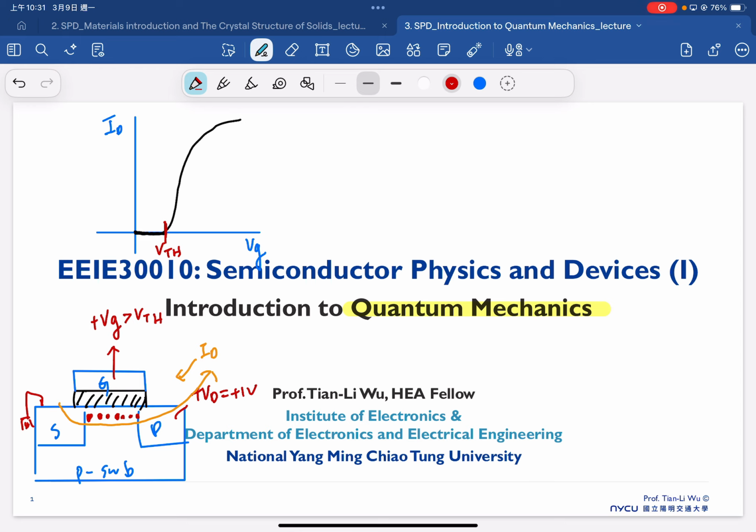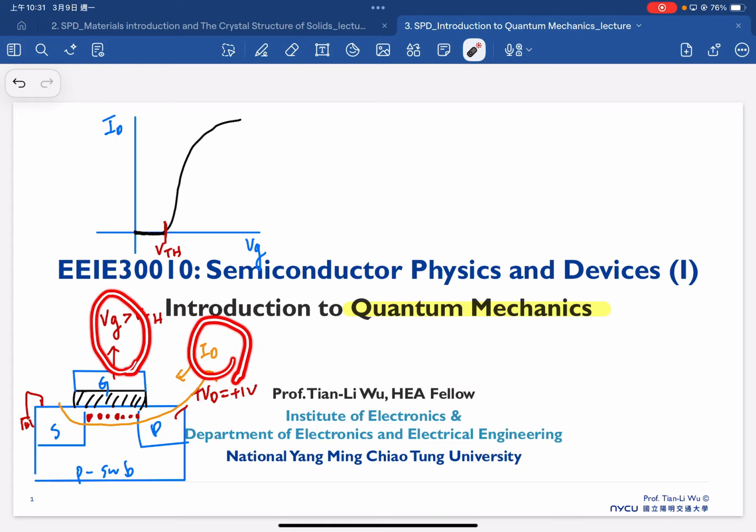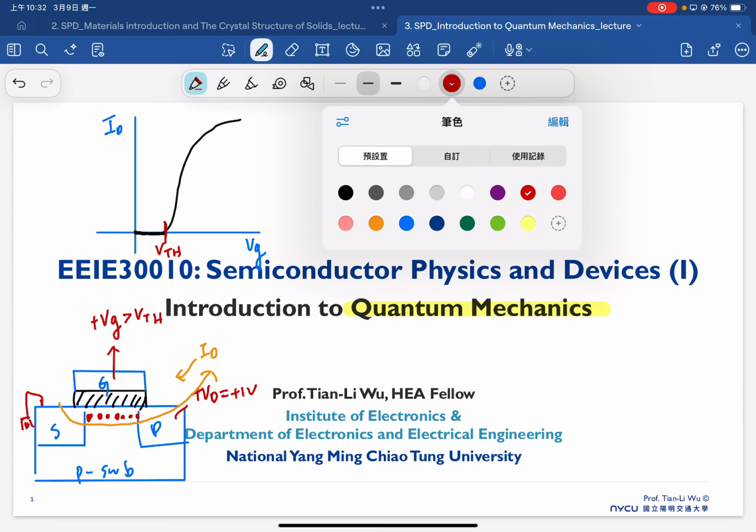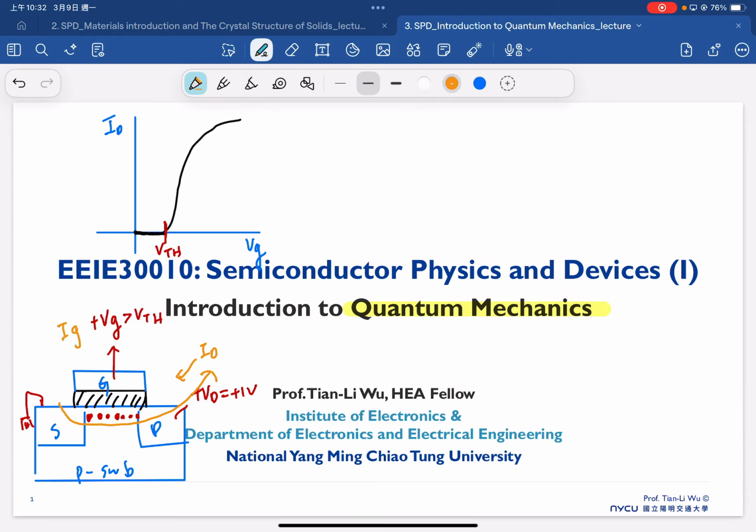But the one thing that we don't mention is that this is a 3-terminal device. We only consider drain current versus gate voltage. But have you ever wondered, this is the region where we apply the gate. So how about the gate current? This is something that we have never talked about. Because ideally, this is an insulator, right?